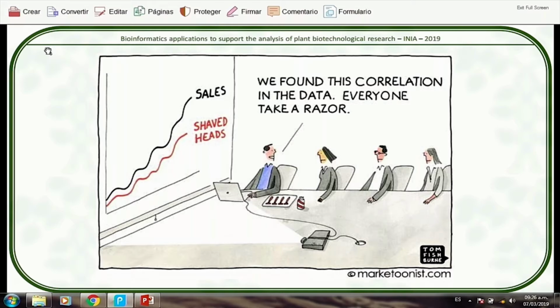This probably is an artifact of the data science approach, the fact that this is a spurious correlation between sales and the number of shaved heads in your company. But if not communicated properly, it can drive us to make wrong decisions. It can drive us to draw conclusions that are wrong.